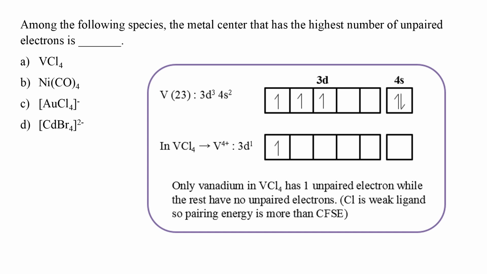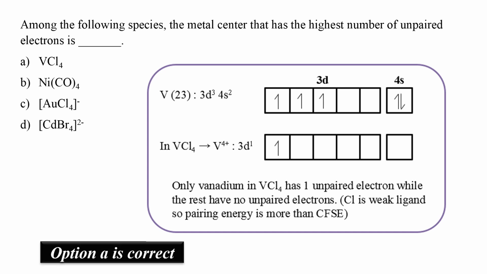So it has one unpaired electron. For the rest of the options you will find that they have no unpaired electron, because chloride is a weak ligand, so pairing energy is more than the CFSE, that is the crystal field splitting energy. So option A here is correct.